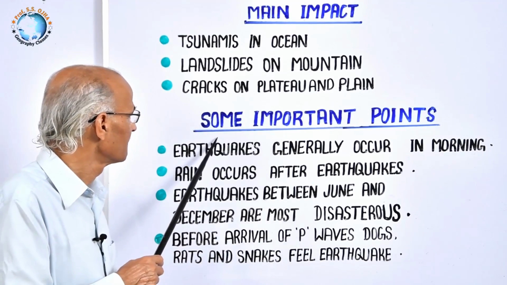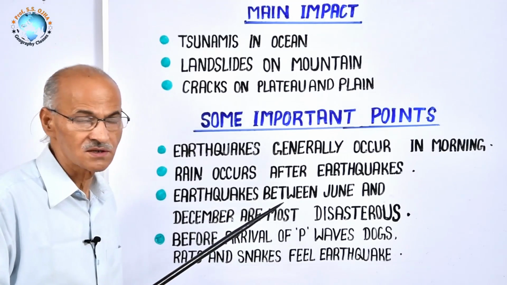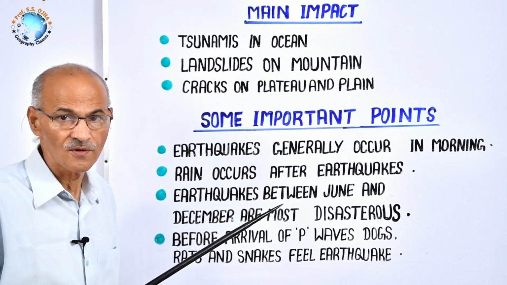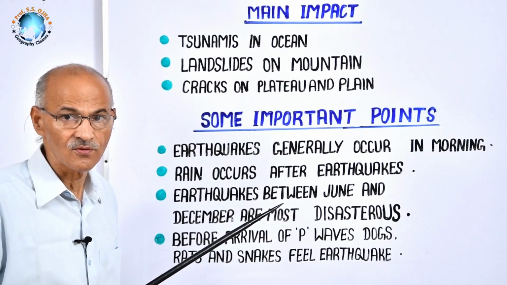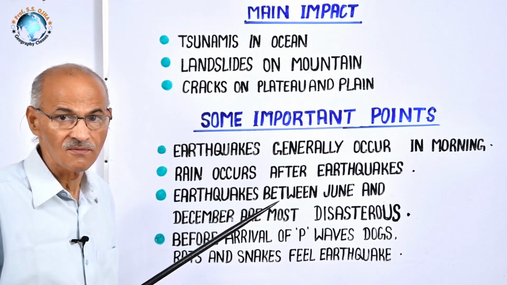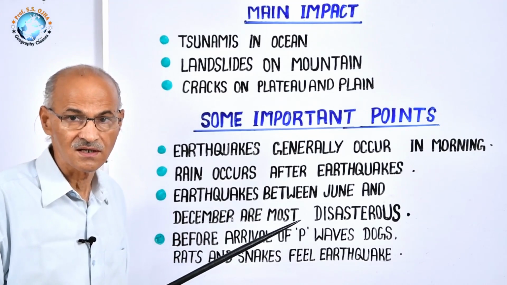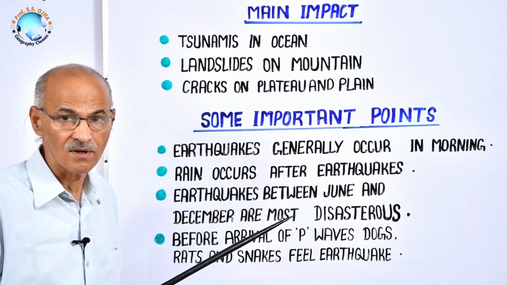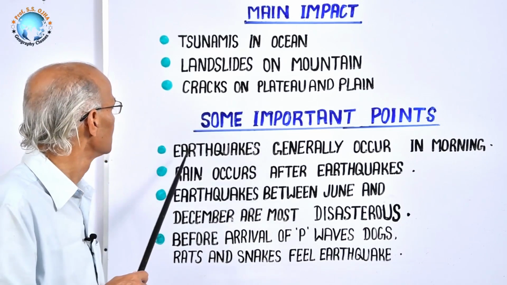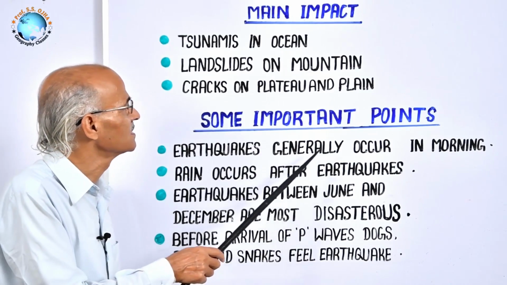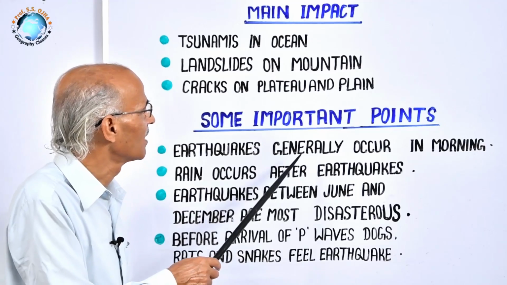Now there are some important points or questions before me and before seismologist, but it is matter of debate and discussion at world level. Question number one is, earthquakes generally occur in morning.